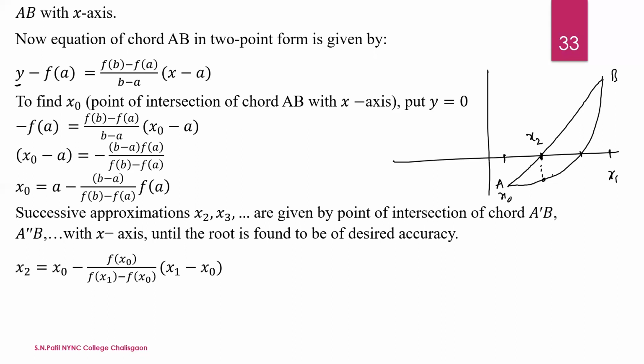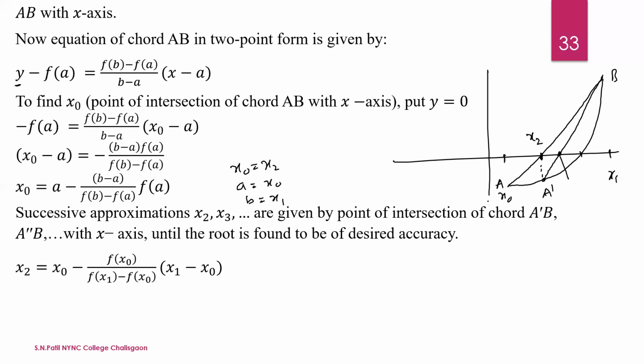Then we join the second chord to this point. Suppose this is the A dash. Now this is the second approximation. See, for simplicity, instead of x naught we write x2 here, and instead of a we write x naught, and for b we write x1. That is, the root lies between x naught and x1.